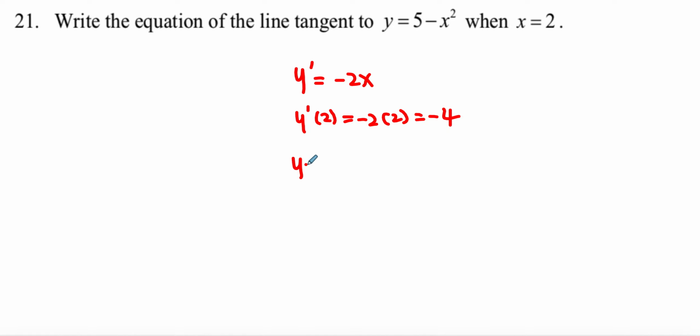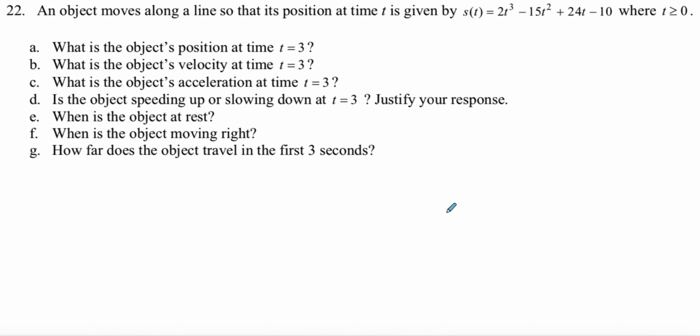What is the y value? Y value is 5 minus 2 squared, which becomes 1. So our equation becomes y minus 1, which is equal to negative 4 slope times x minus 2, the equation of the tangent line.